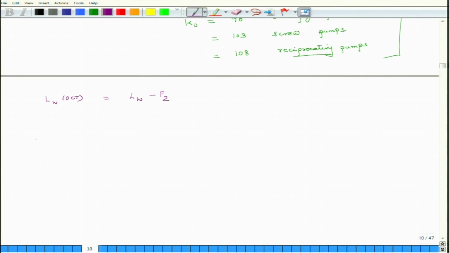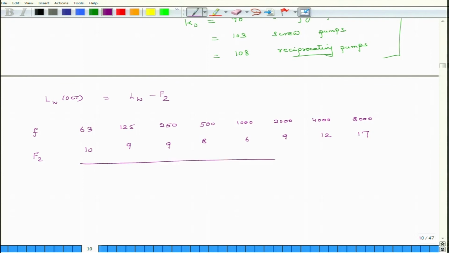For F2 we have central frequencies 63, 125, 250, 500, 1000, 2000, 4000 and 8000, and then we have F2 values 10, 9, 9, 8, 6, 9, 12 and 17.